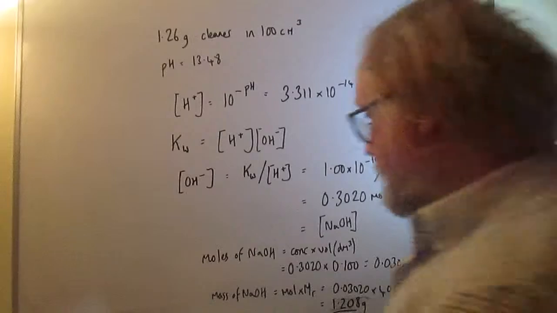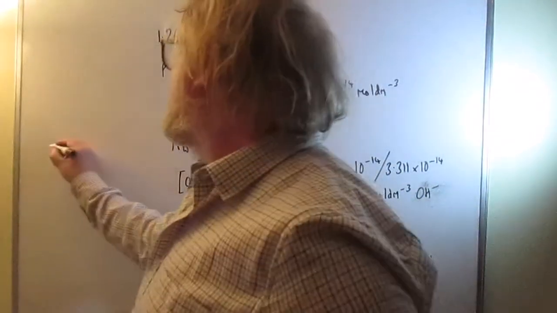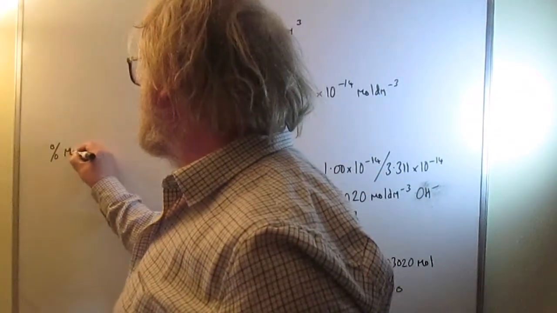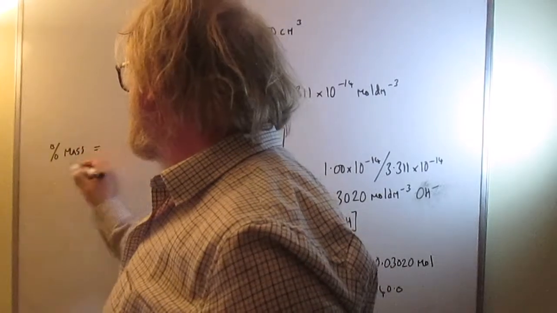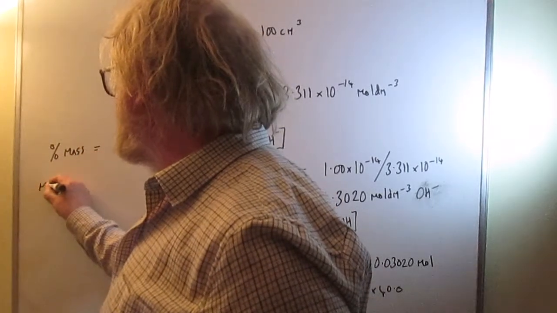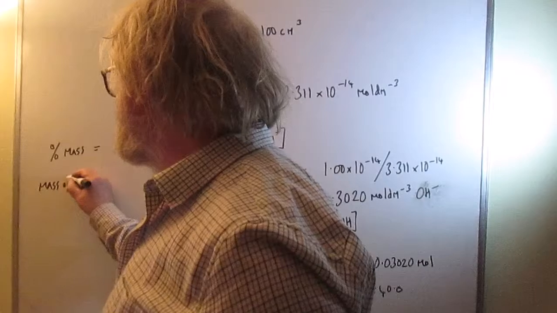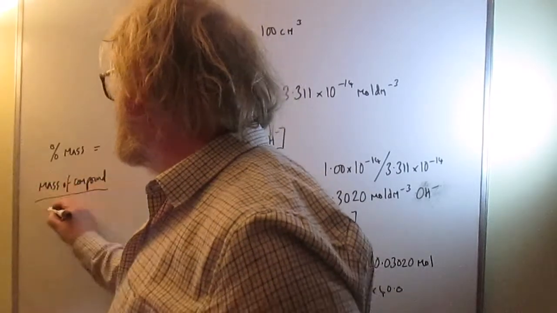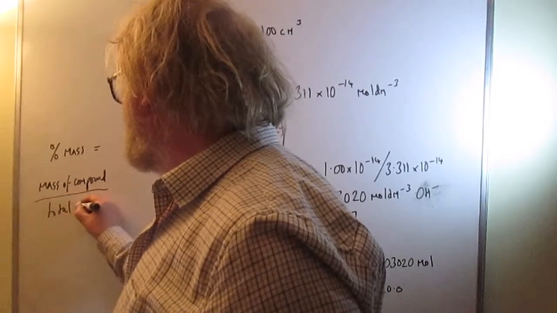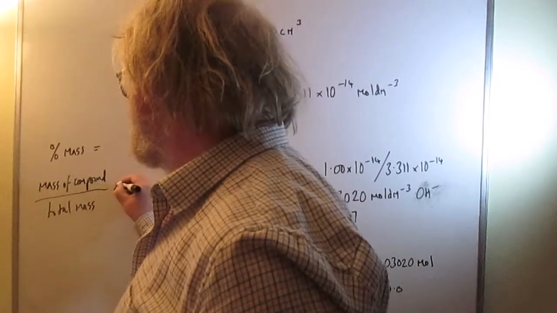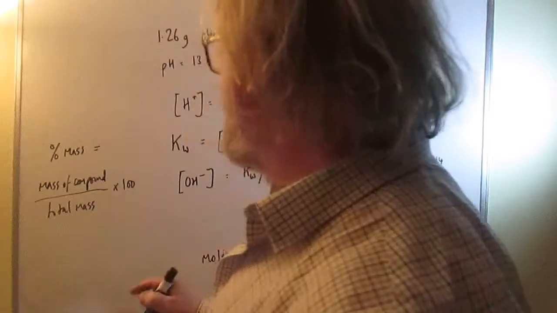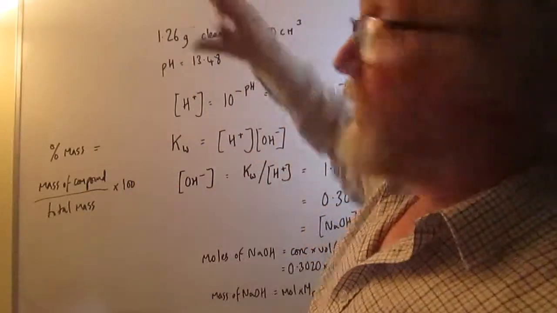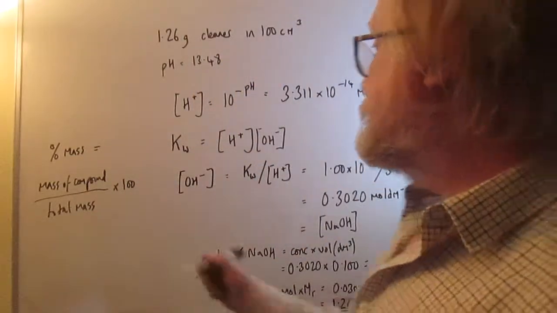So we can just turn that into a percentage. The percentage mass, you quite often get problems on that, and you just have to remember that it's equal to the mass of the compound you're interested in, divided by the total mass, and then times 100 to turn it into a percentage. So it's the actual mass of sodium hydroxide divided by the mass of cleaner times 100.